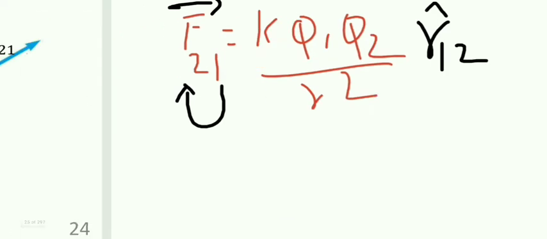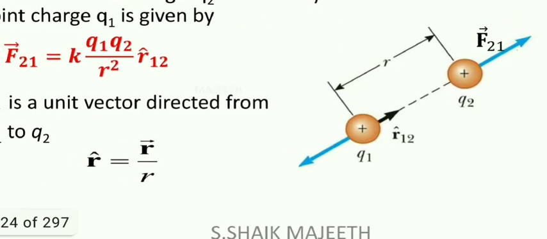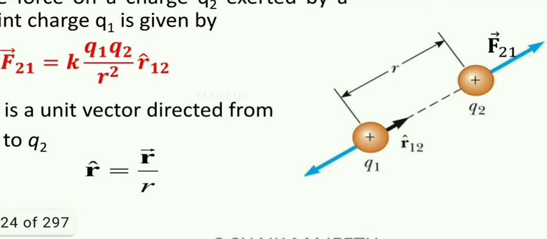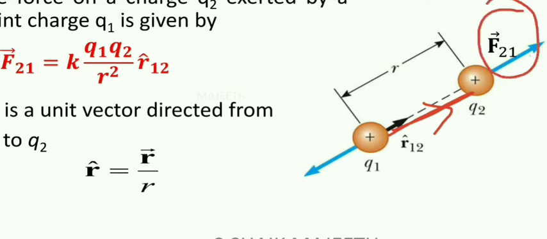Let us go to the image and see this. Here you see, the r12 vector is lying along the line which connects these two charges, in this direction. Clear? So you see why F21 is given this direction. F21 is nothing but the force, charge 1 giving force to charge 2.